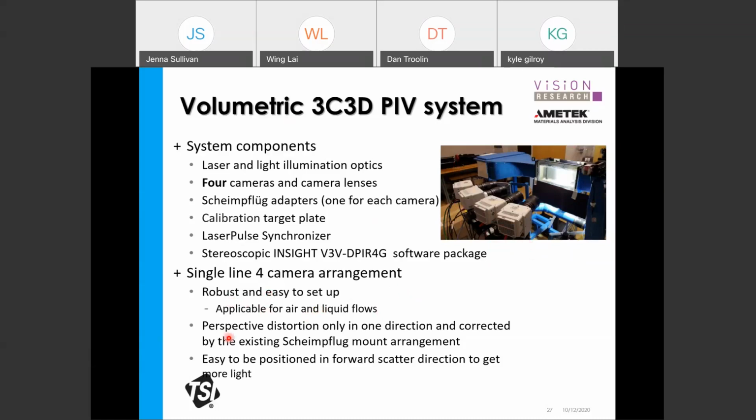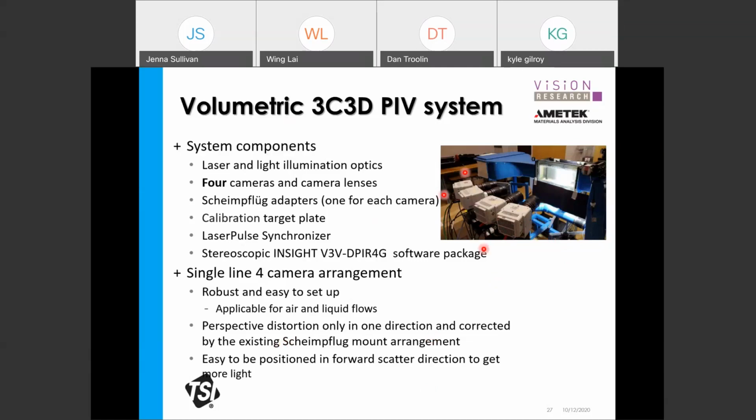And the nice thing about having a single line arrangement is that you can see from these pictures, the perspective distortion is only in one direction, because again, the cameras are looking at this particular flow field on this plane, so the perspective distortion is only in one direction. So all we need to do is to use a sample of the target to make the perspective correction, like what we do with the stereo PIV arrangement.